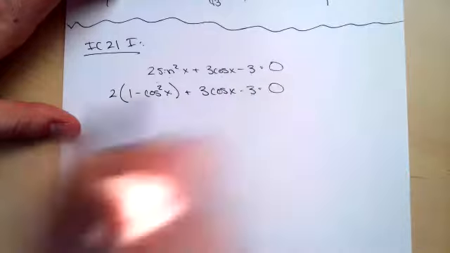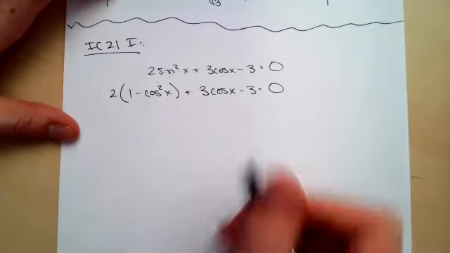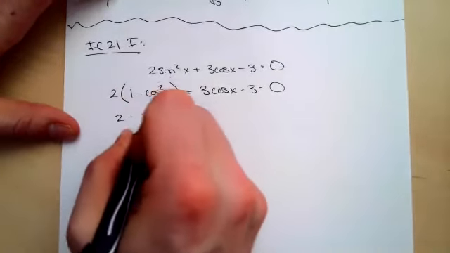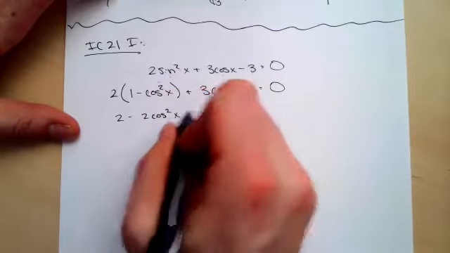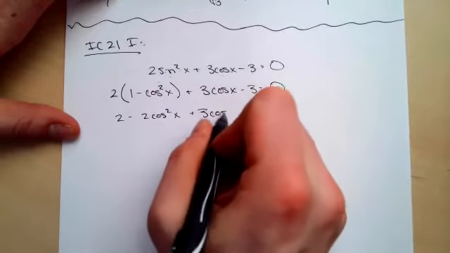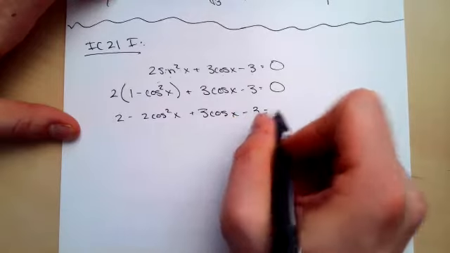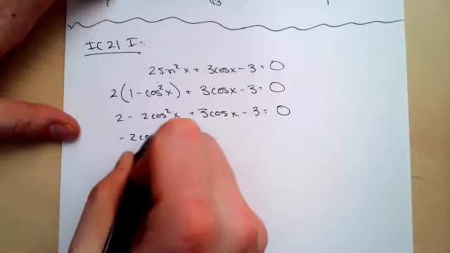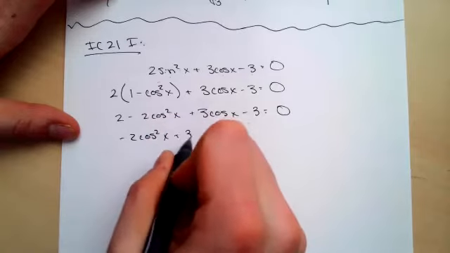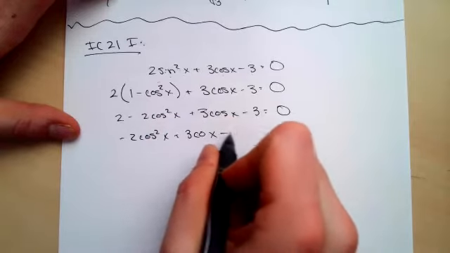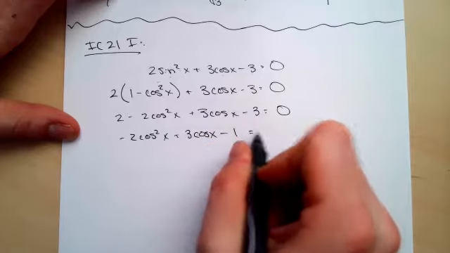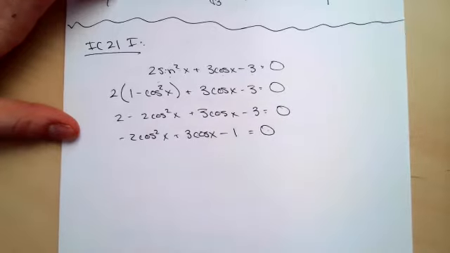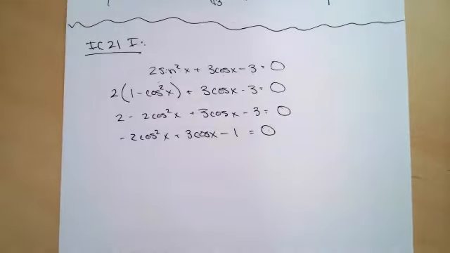And once we simplify that, we have only cosines. Let's go ahead and write it as minus 2 cosine squared x plus 3 cosine x minus 1. So we add our constants together, do all of our algebra, all of our simplification.